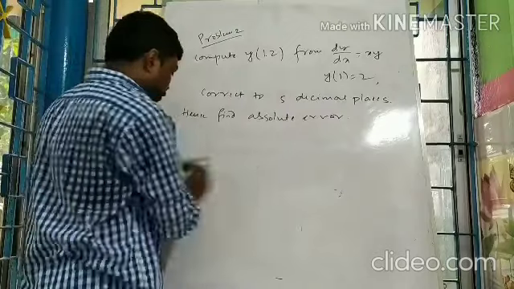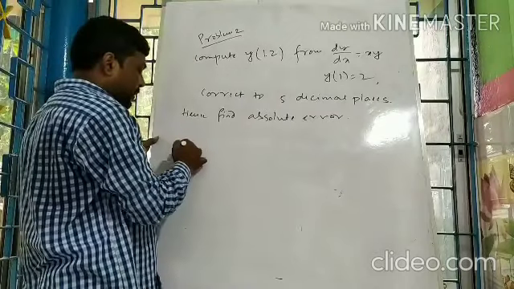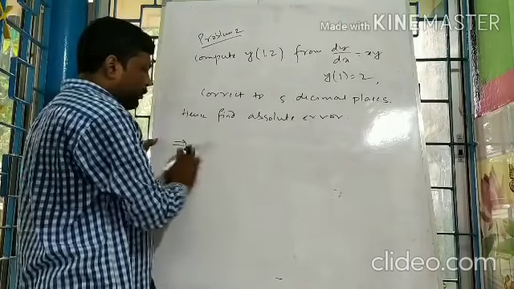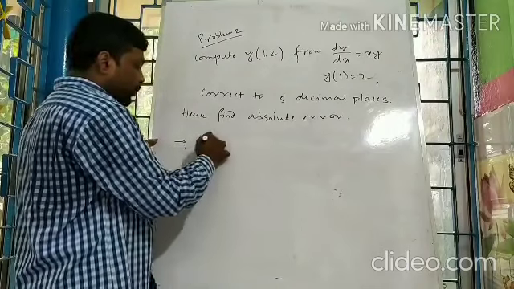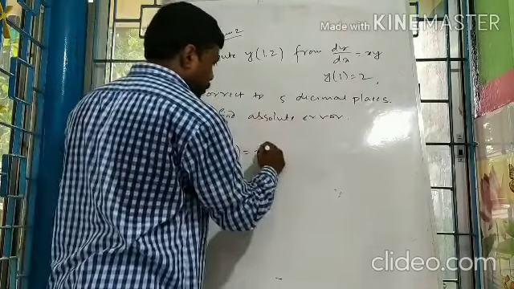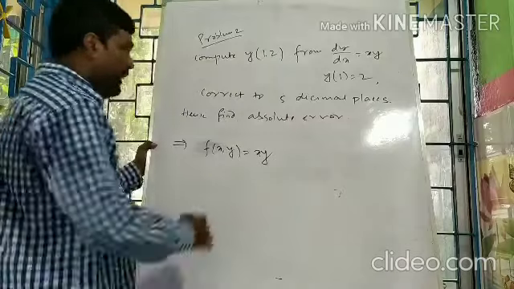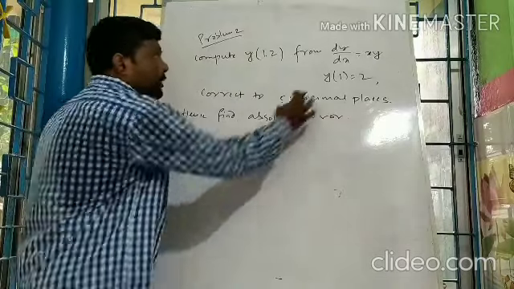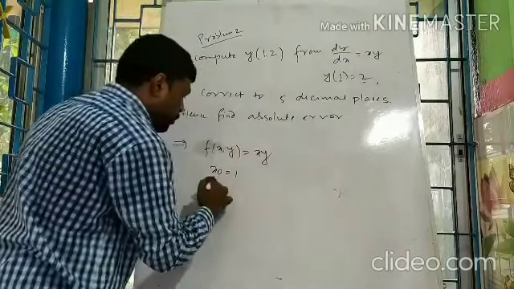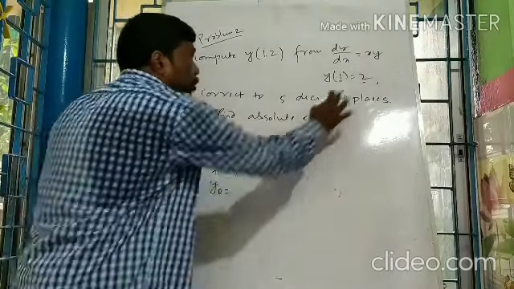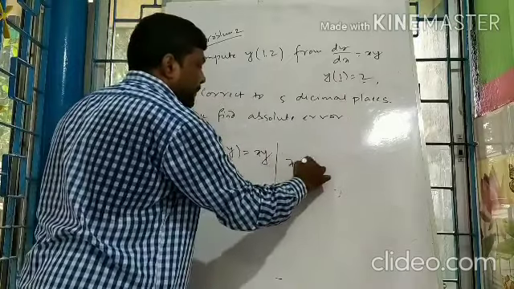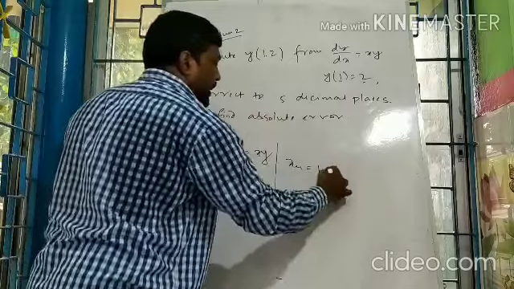Okay. So for this differential equation, dy/dx, f(x,y) is x into y. What is x0? This is the point x0, which is 1. What is y0? y0 is 2. And xn is 1.2. These are the given data.